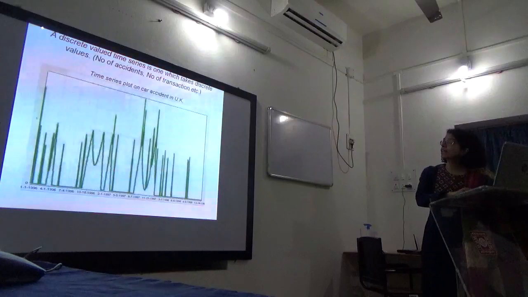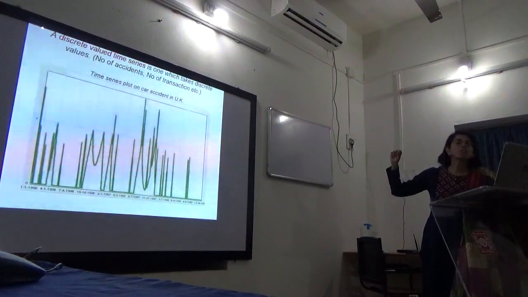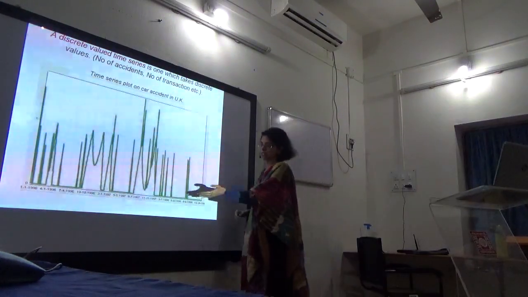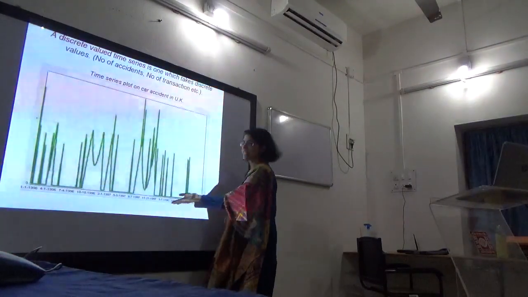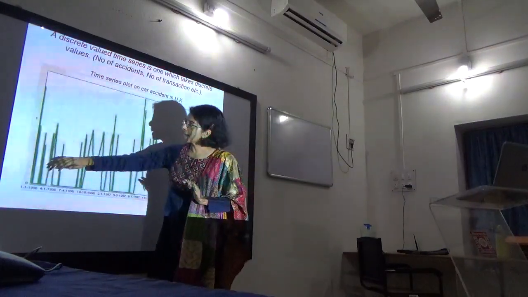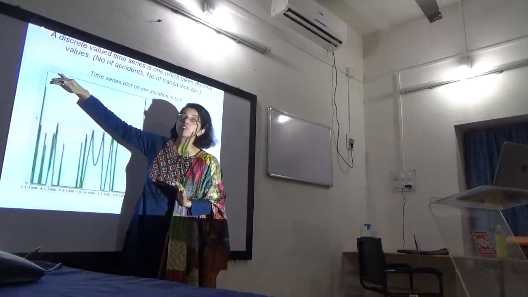Okay, and one more thing which I have missed earlier to mention, that is a discrete valued time series. That means the values of the variables are discrete. Values of the variables means I am not talking about the time. Along the x-axis the time scale is there, no problem, but along the y-axis are the values of the variables.